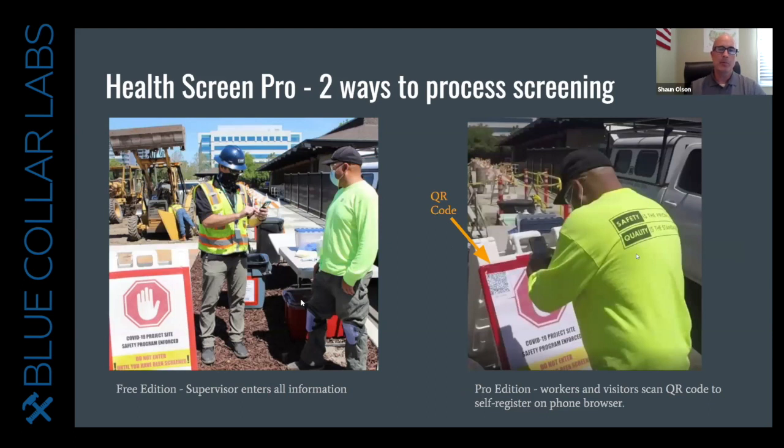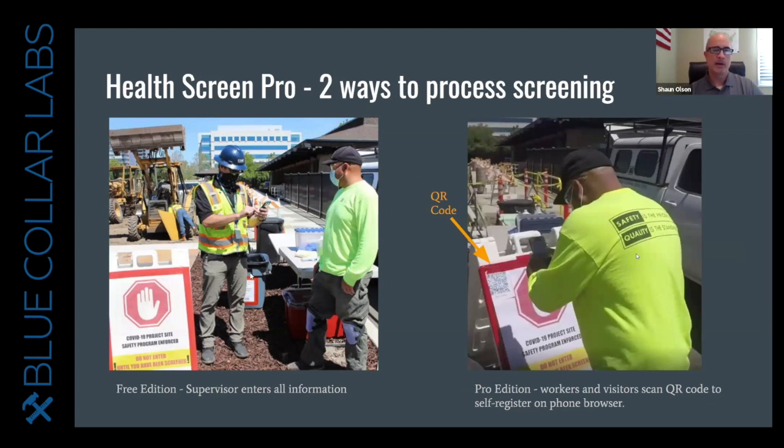There's really two main ways to process the screening. The photo on the left is a supervisor who's got their phone out, and they are entering the information about the worker, their name, their phone number, and then they're asking verbally the screening questions.